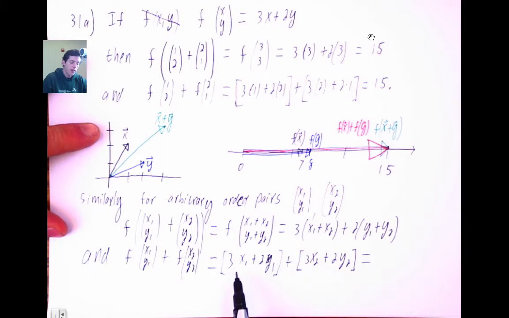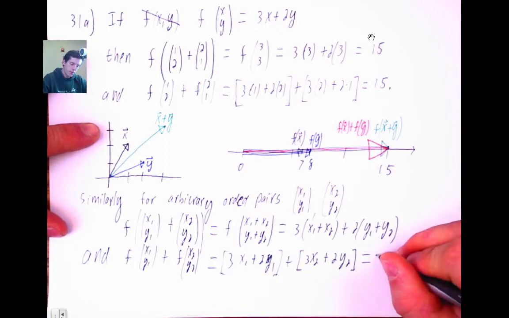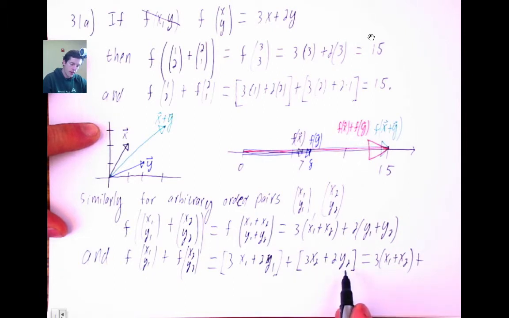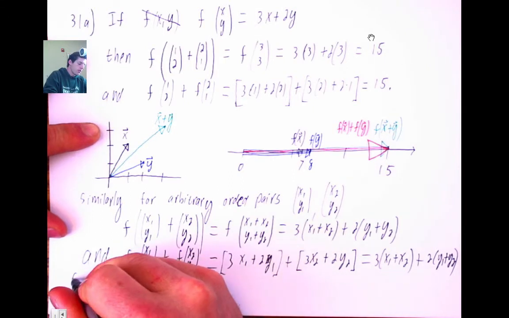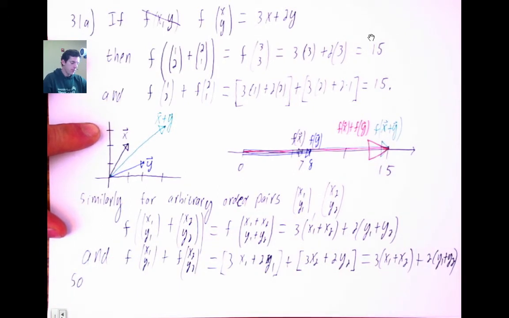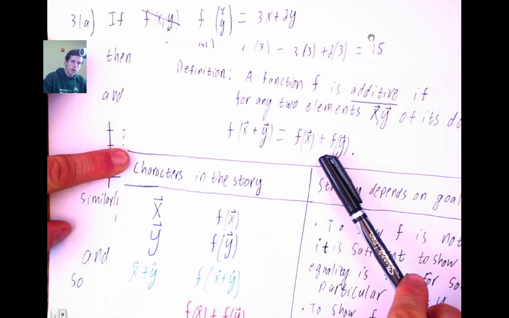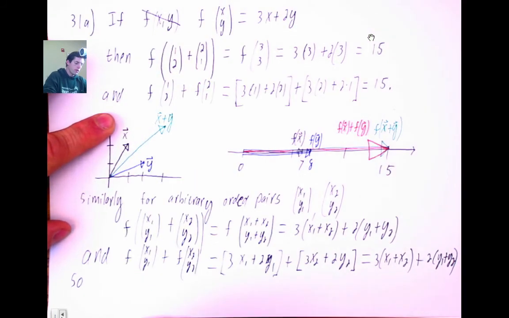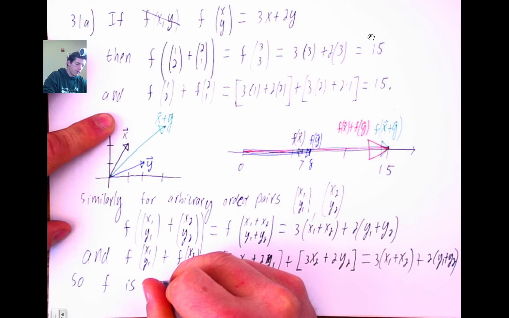I can factor out the 3 from those 2 terms to give me 3 times x1 plus x2. And the terms that have 2's in them, I can factor out the 2 and get 2 times y1 plus y2. And that is exactly the same algebraic expression as that. Okay. So, since that equation here holds for any 2 things in the domain of f, f is indeed additive.